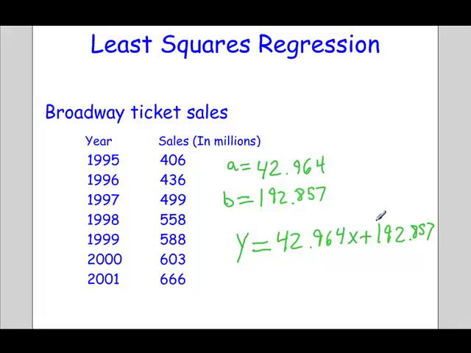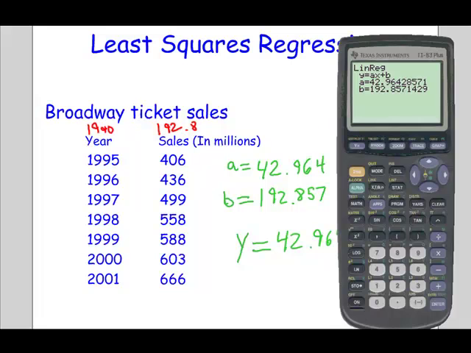And so basically what this number right here is, the 192, that's our y-intercept, which is at 0. So they're pretty much predicting that in 1990 there was 192 sales, 0.857. Makes sense, right? Because this is at 5 in 1995, and this is when x is 0, which is the y-intercept, which must be 1990.